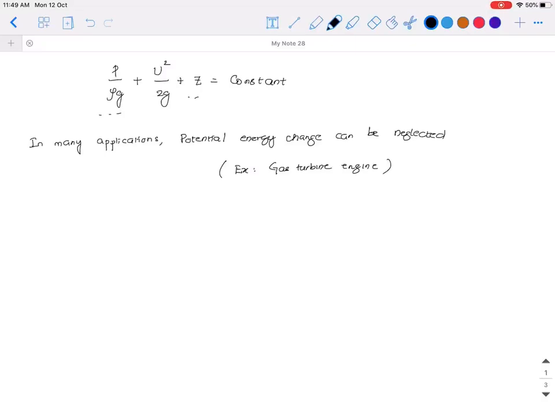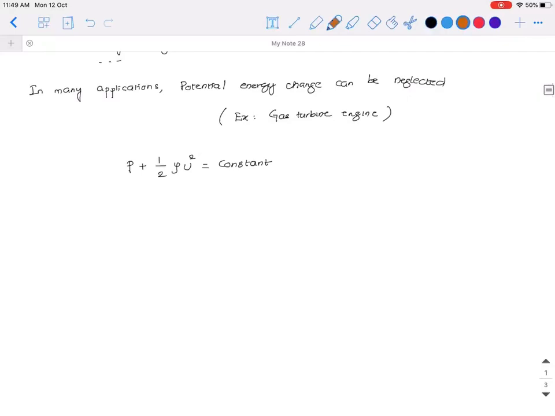Removing potential energy and multiplying the equation by rho g, I get P plus half rho u squared is a constant. Here we have two terms.